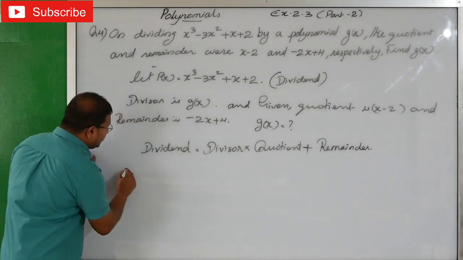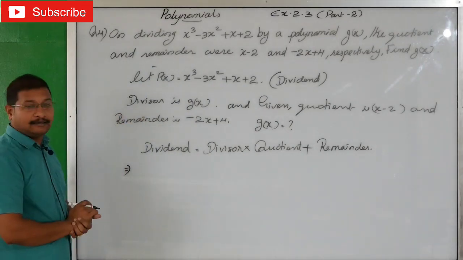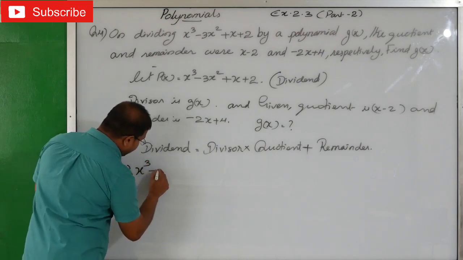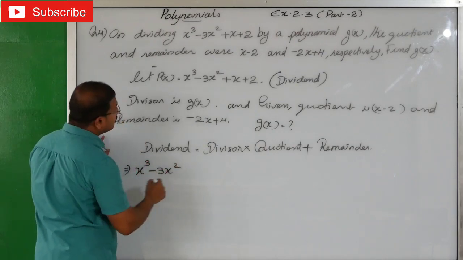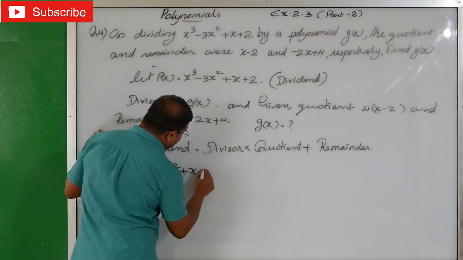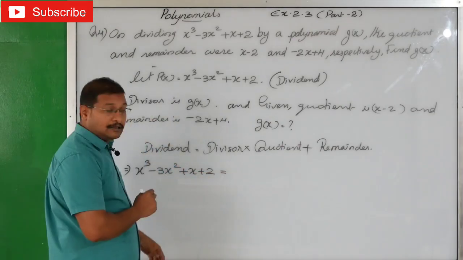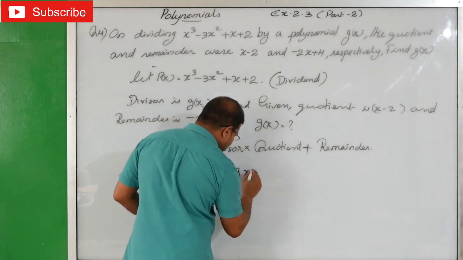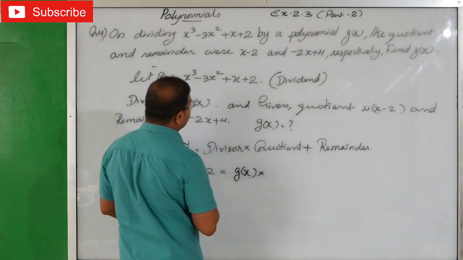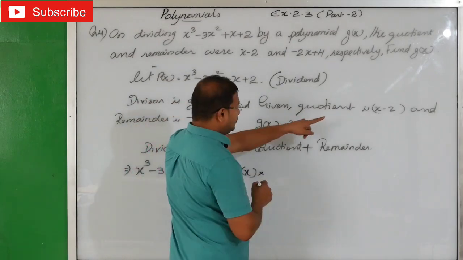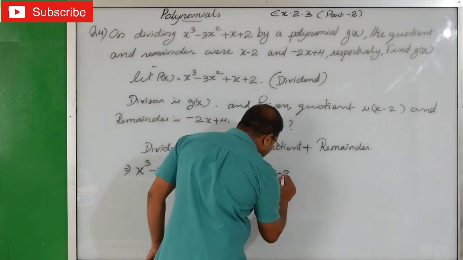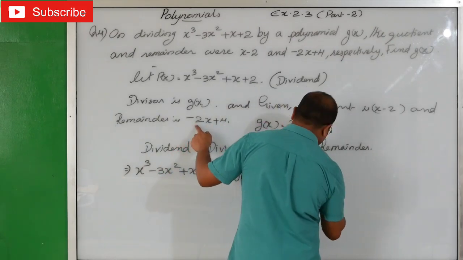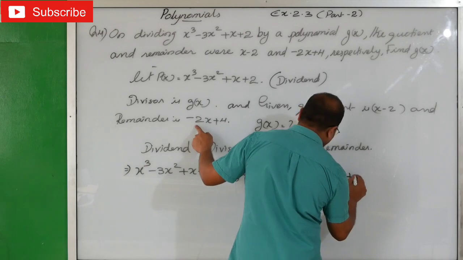So this implies the dividend given, x cube minus 3x square plus x plus 2 equals, what is the divisor? G of x, isn't it? So g of x into quotient. What is the quotient? Quotient is x minus 2 plus remainder.